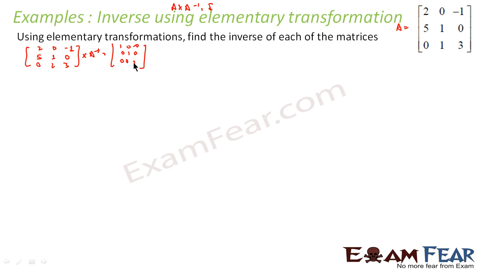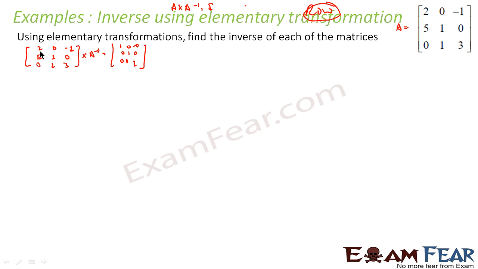Now if you see, the first thing we should do is convert this to 1, because we have to finally make this an identity. This element should become 1, and we will be using row transformation in this case. I like rows, it's a little simpler for me because everything is horizontal. To make this 1, I can simply divide the whole row by 2.